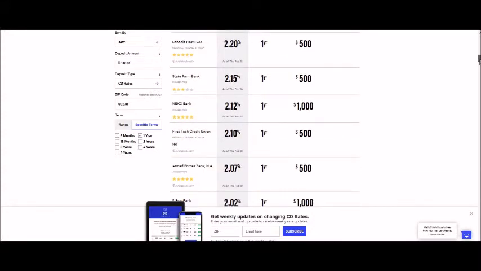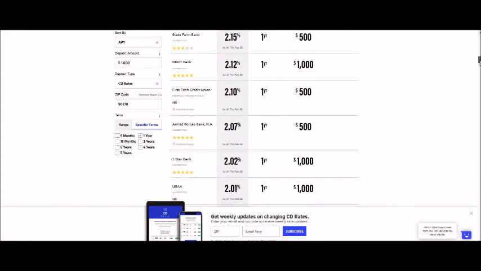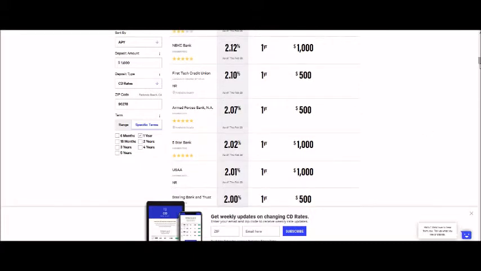Now at this point, we're getting into the territory where you'd be better off opening up a high interest rate savings account, because there are a few out there that are at 2% or slightly above 2.1%, 2.2%.